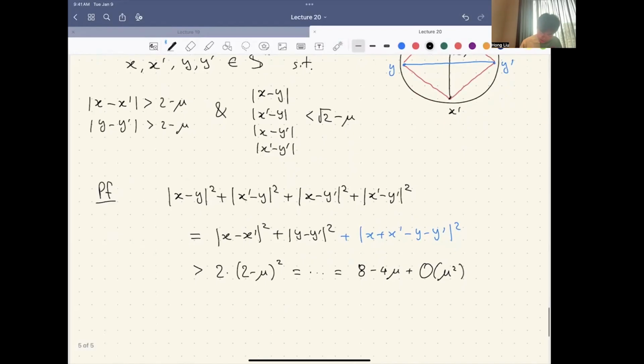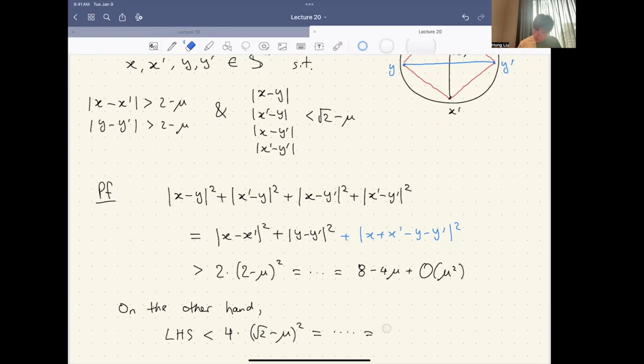On the other hand, the left-hand side is less than 4 times square root 2 minus mu squared, which, if you compute, I'll leave it for you, equals 8 minus square root 2 mu plus big O of mu squared.